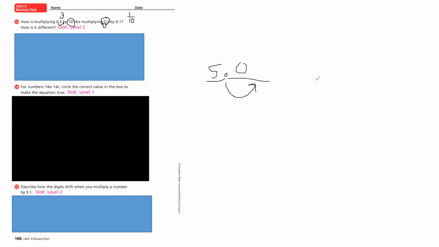But then if we have 50 and we move the decimal left, the number gets 10 times smaller. And 10 times smaller is the same thing as taking 1/10, and multiplying by 0.1 is the same thing as taking 1/10 of something. So the real answer here is that they're the same because the decimal moves, and they're different because the decimal moves in the opposite direction.